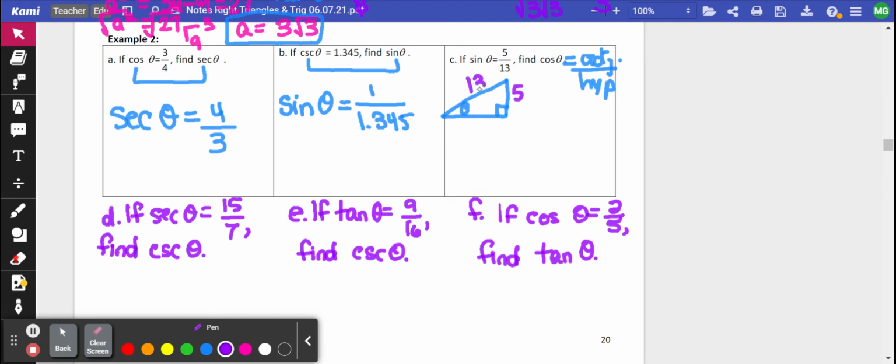Here's theta. So if we're taking the sine of theta, oh, obviously our right angle is there. If we're taking the sine of theta to be 5 over 13, that means the opposite side is 5 and the hypotenuse is 13. So what do you do when you have two sides of a right triangle and you need to calculate the third side? Sounds like Pythagorean theorem to me. So I'm going to give you a little shortcut here. If you write it like this, we've already moved the formula around a bit, okay?